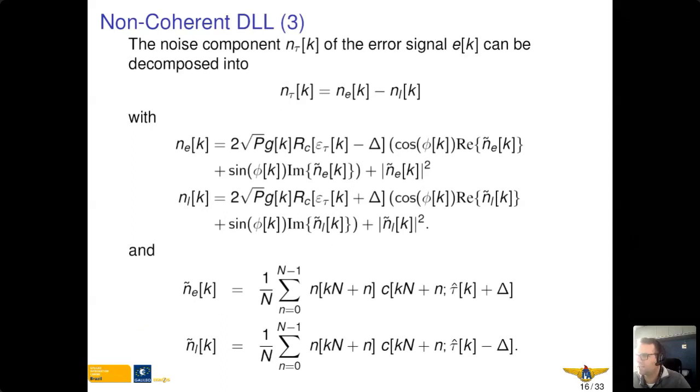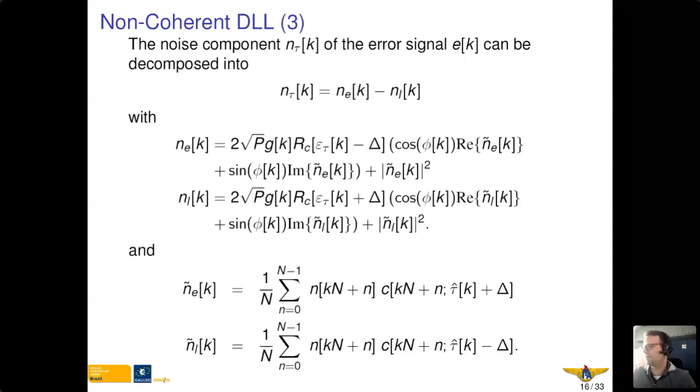These are the correlations of the replica with the noise. So the early noise component is 2 times the square root of p g of k, r, the autocorrelation function of the sequence at epsilon tau k minus delta, times cosine phi of k.